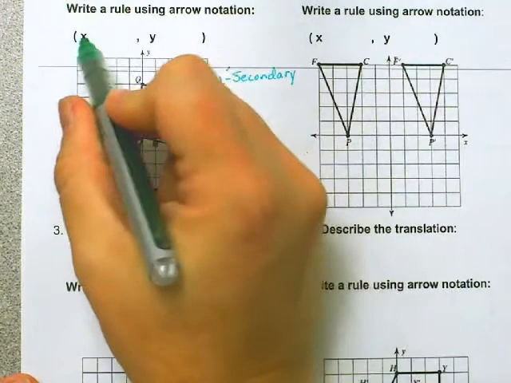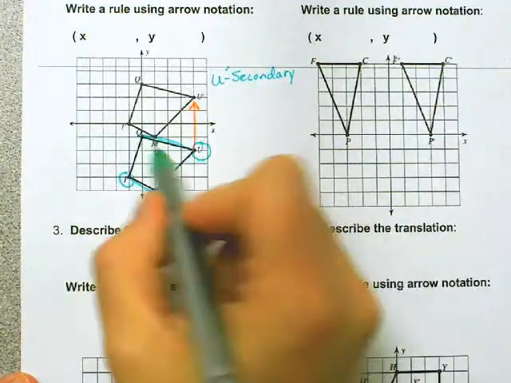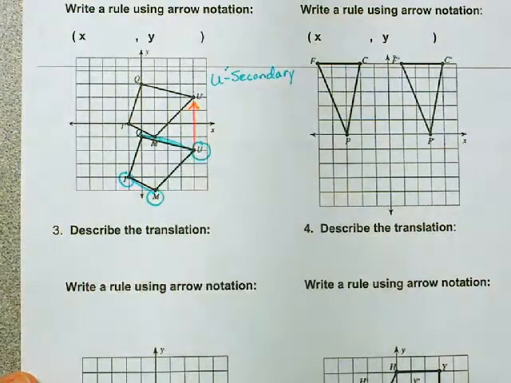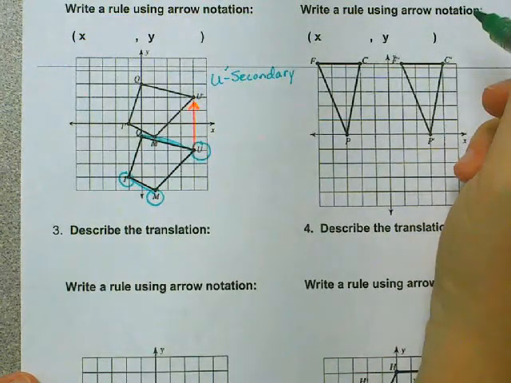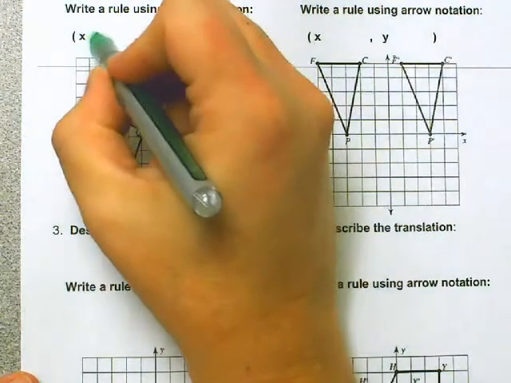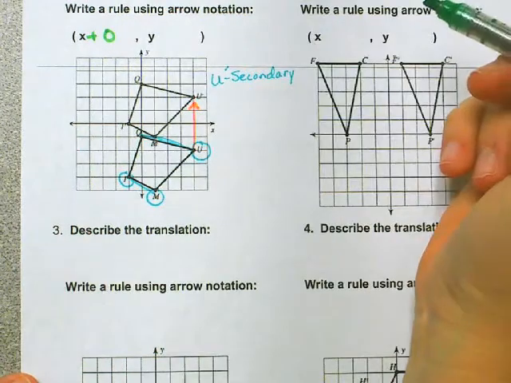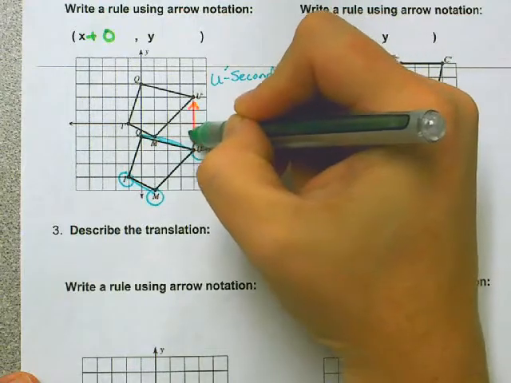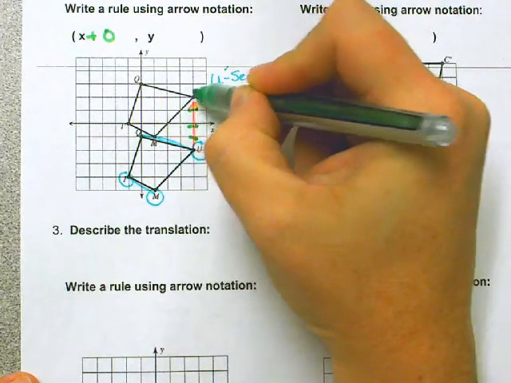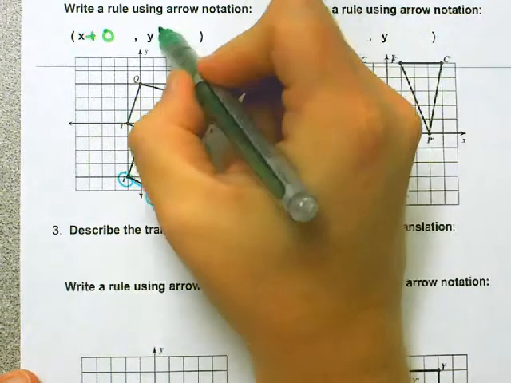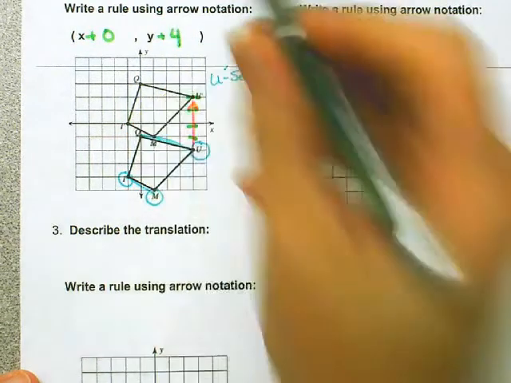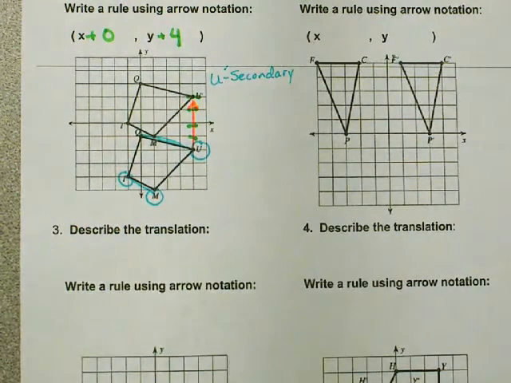So the question is, in the X coordinate, did I move left or right at all? The answer is no, so I say X plus 0. Did I move up or down at all? And the answer is yes. I moved up 1, 2, 3, 4 units. So I say that's Y plus 4.